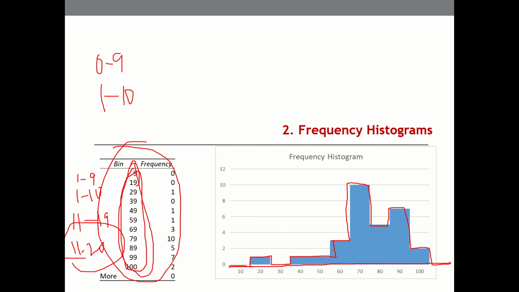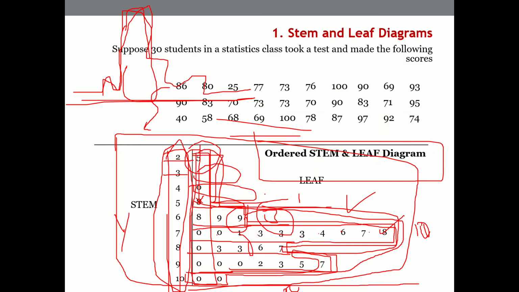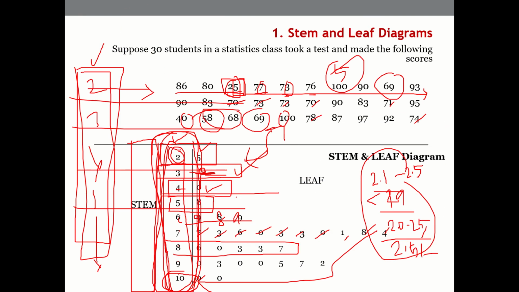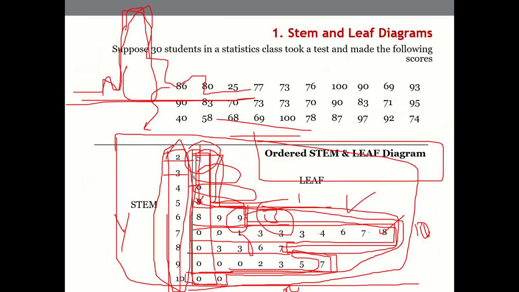This is another way of representing the data set, and probably we know this very much because we use Excel to quickly generate this kind of data set. So we can understand that this is the same thing. A stem and leaf diagram is nothing but numbers. This is developed in numbers.